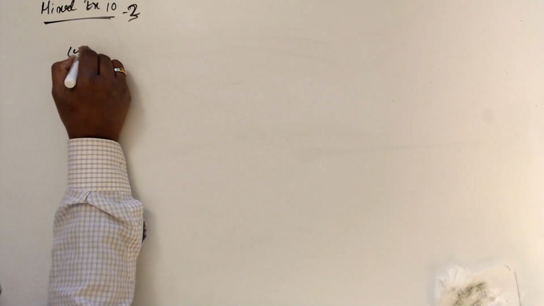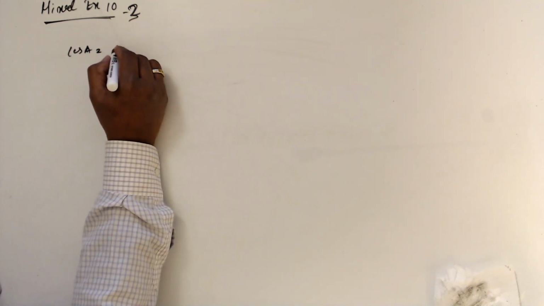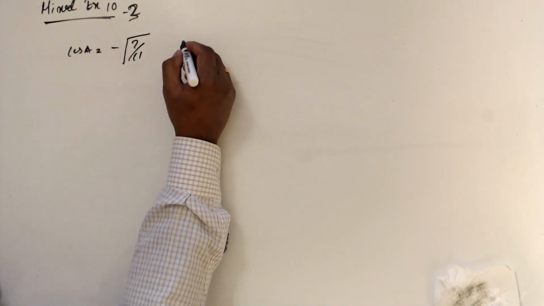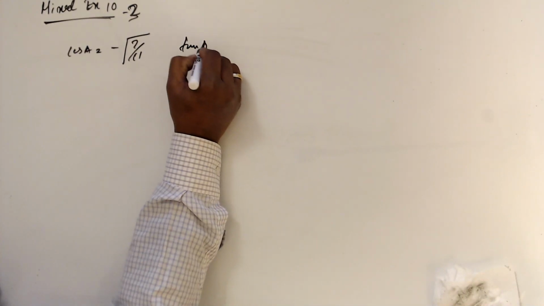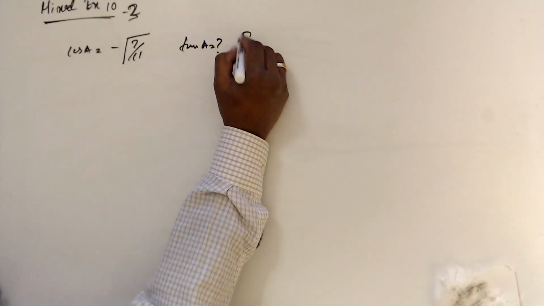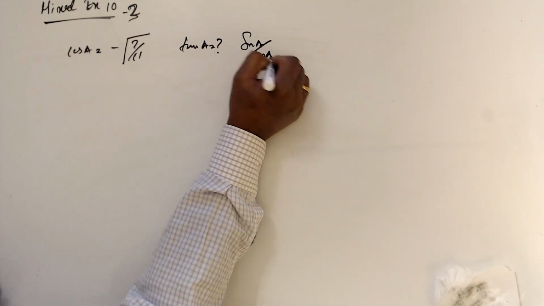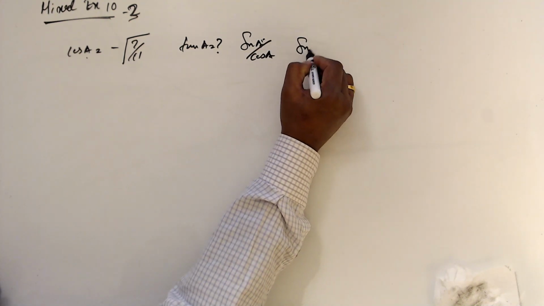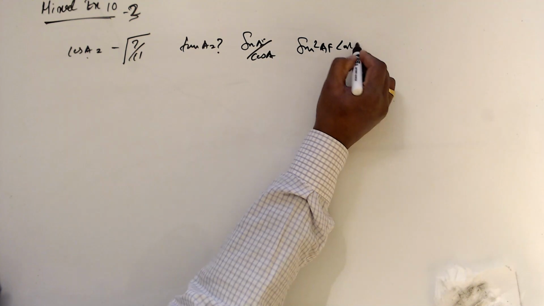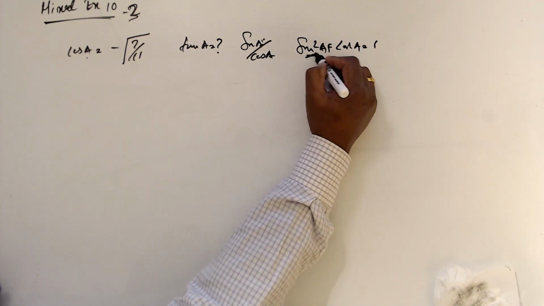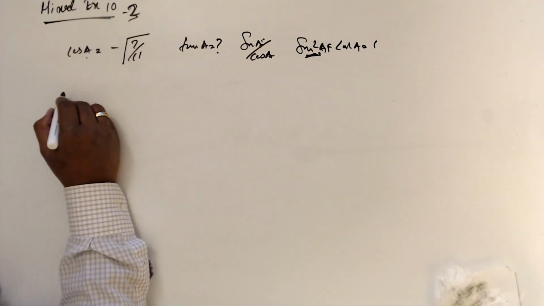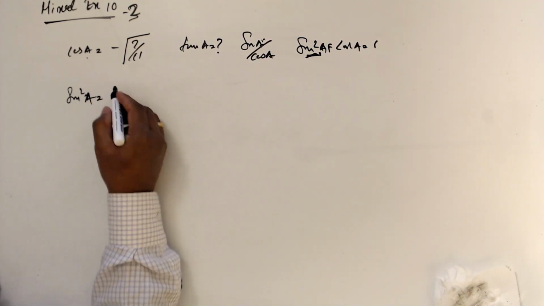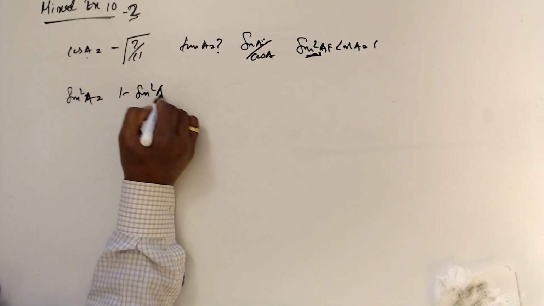3, cos A is given as minus square root 7 over square root 11. We want to find the tan A value. Tan A means sin A over cos A. If I know sin A, then I can introduce the identity cos squared plus sin squared equals 1, and then I can find sin. So sin squared A equals 1 minus cos squared A. Why do I use A?